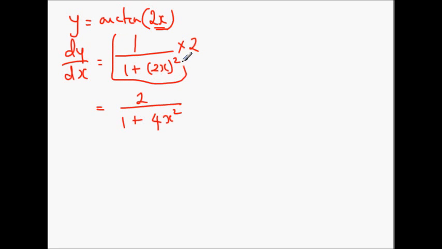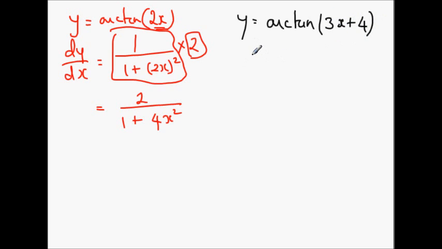This part is for arc tan x and this is for 2x. This is chain rule. So we need to use chain rule if you have some other function inside the arc tan function. For example, y equals arc tan of 3x plus 4. Then the answer would be 1 over 1 plus 3x plus 4 the whole square times 3.